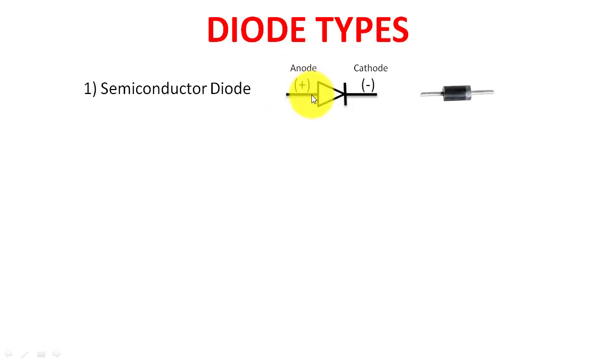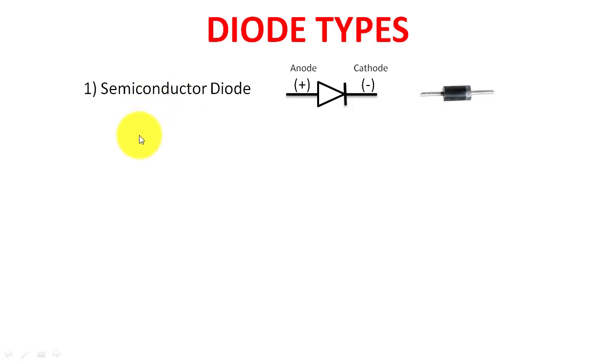This is the symbol, and this is what a normal diode actually looks like. There is also the SMD type. This is not SMD, this is normal. This is the semiconductor diode.